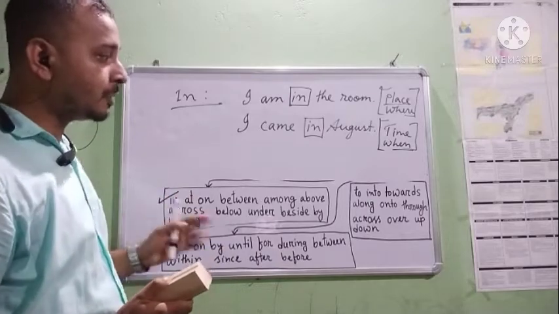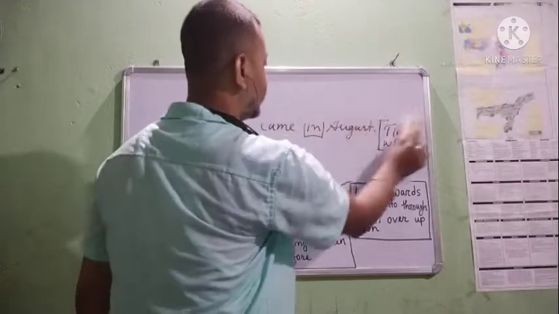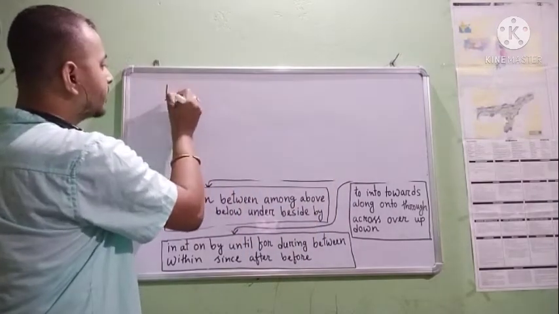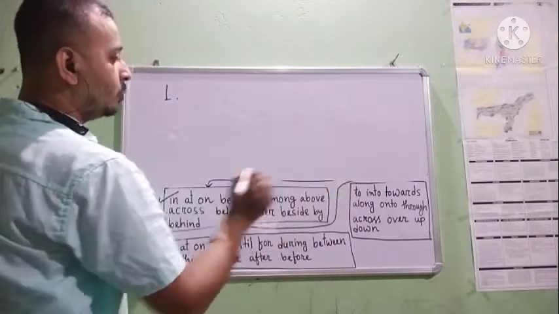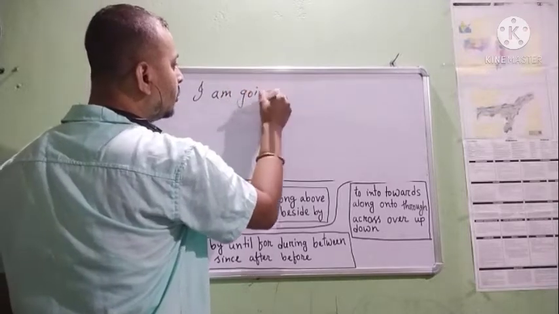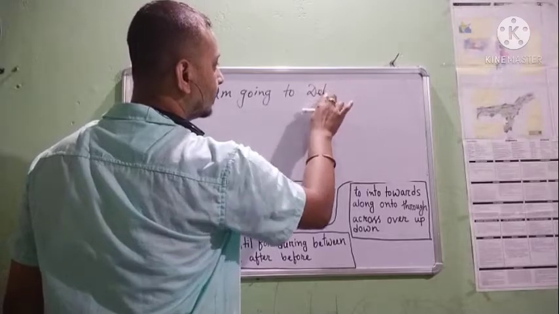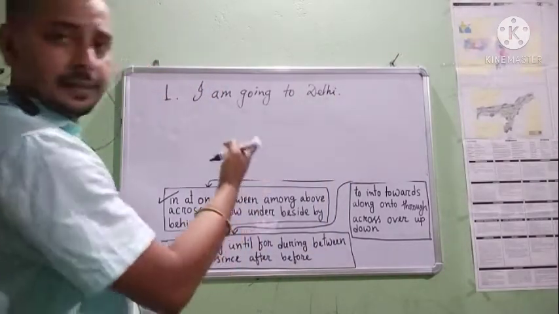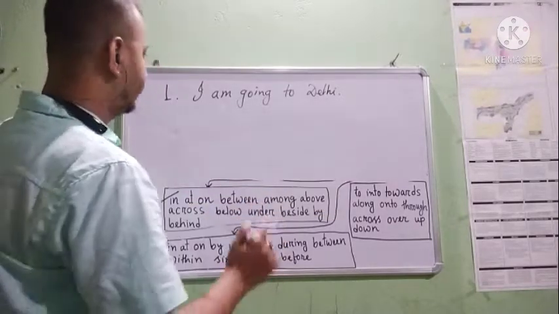Next, let me proceed towards direction. Prepositions of direction. Take any two examples. Suppose I am taking two. Like I am going to Delhi. And another I take onto.